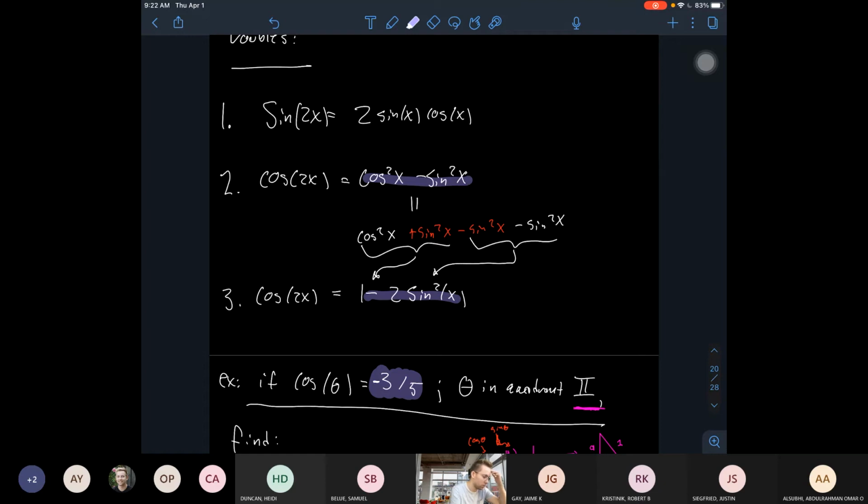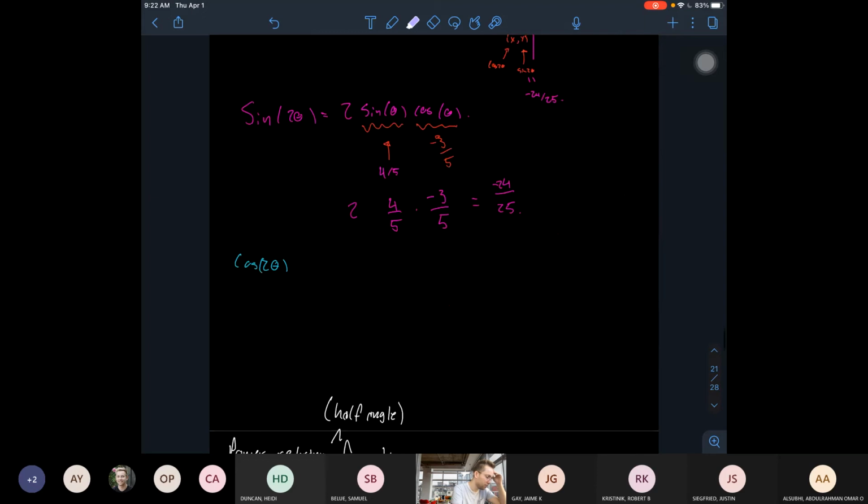Well, one of them involves fewer operations. I'm going to choose the one on the bottom, because then I only have to do sine squared x and multiply by 2. That's no problem. Whereas the above one, I have to square two things, so I guess that's a little bit more work, but either will be fine. So I'm going to use number 3.